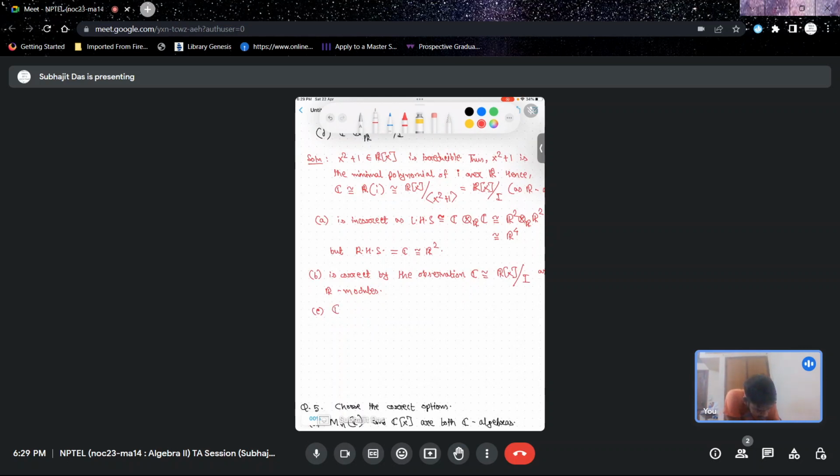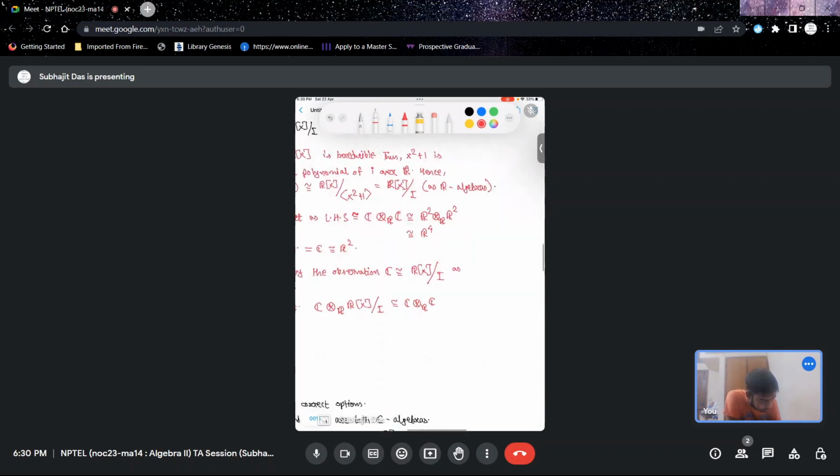So C is correct. And why is that? C tensored over R with C, C tensored over R with R[x] mod I, as we saw, is isomorphic to C tensored over R with C, which is isomorphic to C square as an R module.